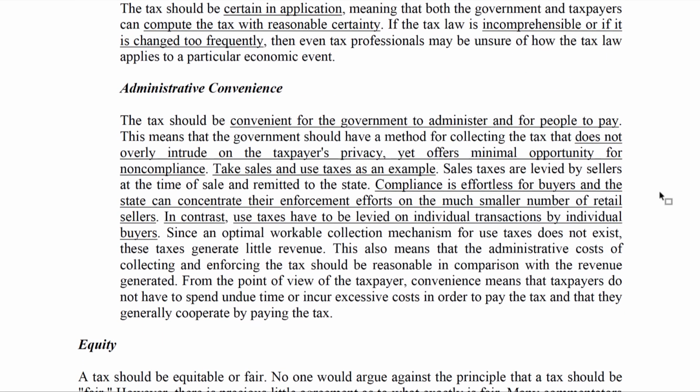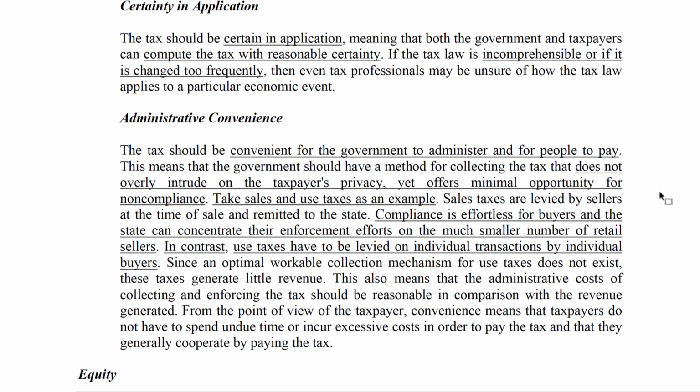The next element that's part of simplicity deals with administrative convenience. The more convenient it is for the government to administer and for the people to pay, the more likely we're going to be able to collect the revenue that taxpayers actually owe. Because if it's administratively inconvenient, then we have what's called the tax gap.